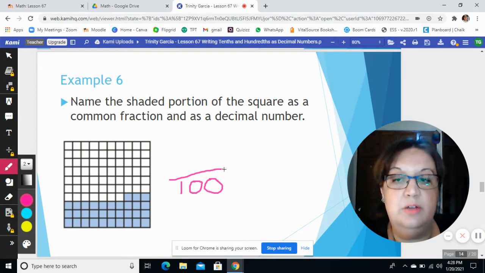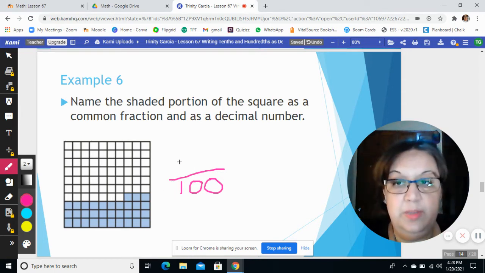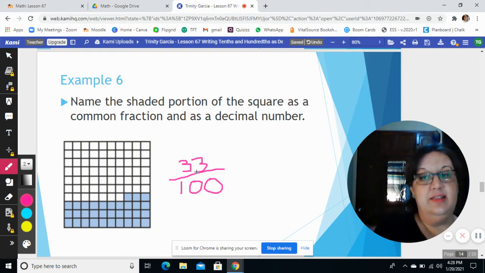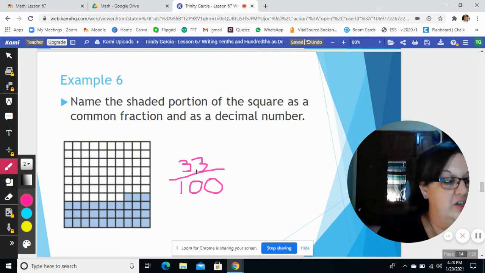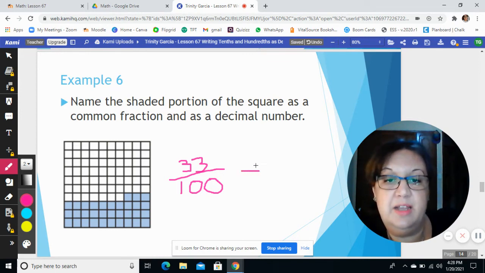We're going to put 100 on the bottom, but we do need to know how much goes on top. So if we know this is by 10, right? 1, 2, 3, that's 33. Okay, 33. So we are going to write 33/100ths. Okay, 33/100ths. That is our common fraction. 33 over 100, or 33/100ths.